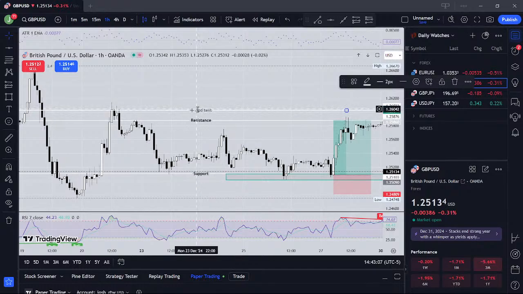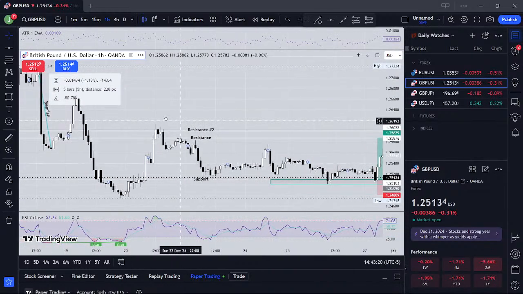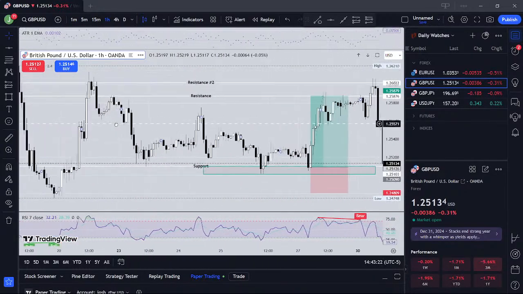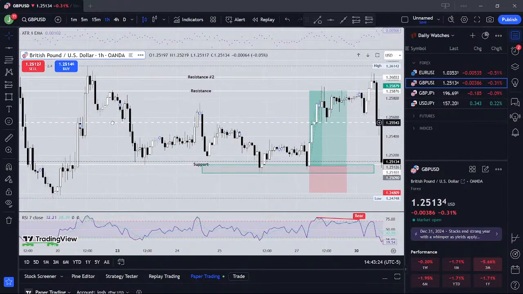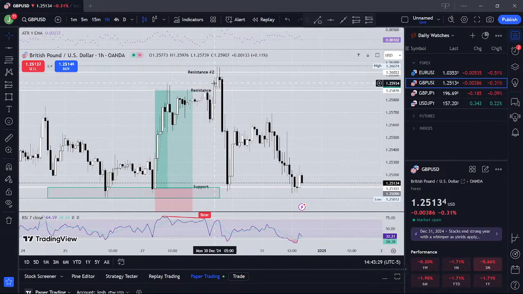I'm going to call this resistance two. So resistance two, he came up, did break resistance two. I can't say right now, but this becomes the new support.